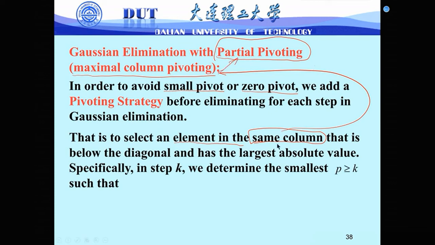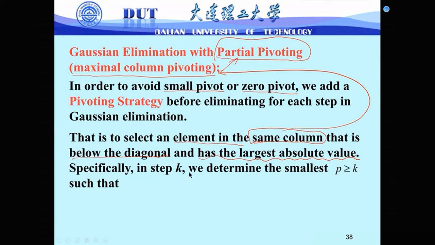We select an element in the same column that is below the diagonal and has the largest absolute value. So that means maximal column pivoting. Are you clear? We need to select a new pivot by using the element in the same column below the diagonal that has the largest absolute value.